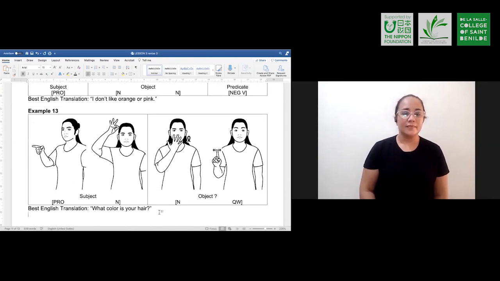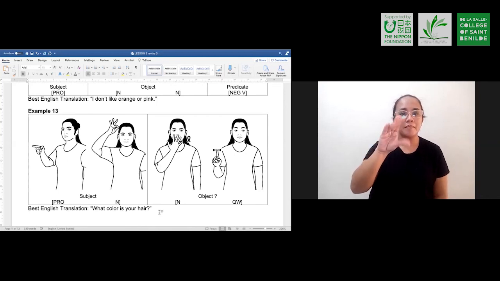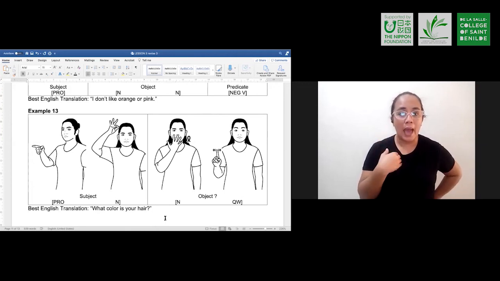Yes. I think this should be, instead of object, it should be predicate for "color what?" Because to have an object, you would have to have a verb like "have."